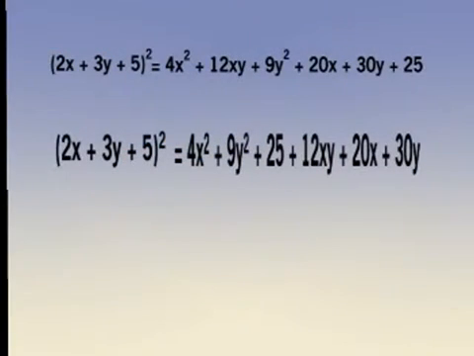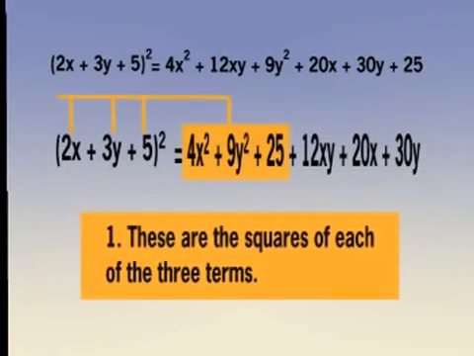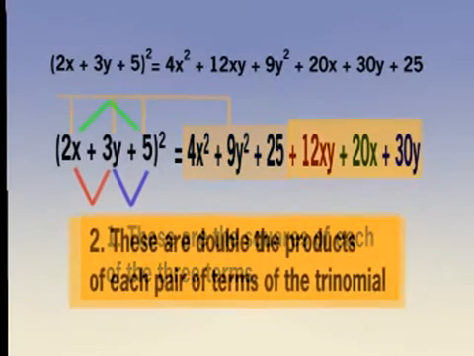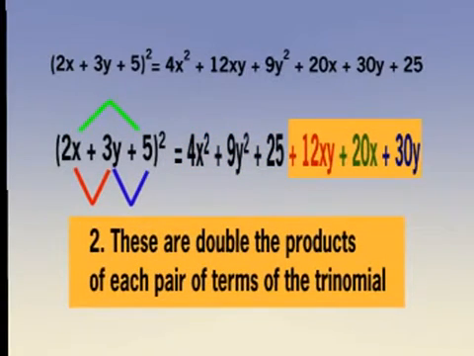Since rearranging the addends does not change the sum, we can rewrite the 6 terms so that their special characteristics are more easily seen. Number 1. These are the squares of each of the 3 terms of the trinomial that was squared. Number 2. The other 3 terms are double, or twice, the products of paired terms.